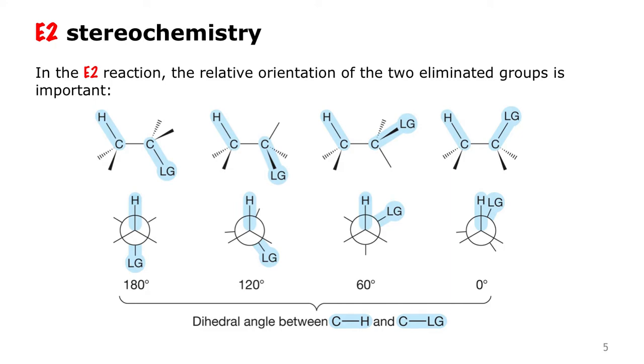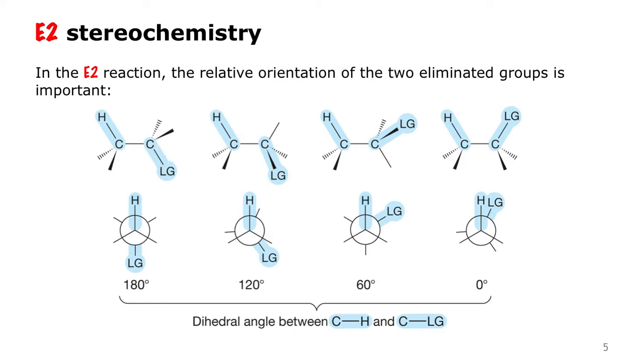And here we find the different conformations between the two groups. What's important is that there needs to be alignment, that the bond between the carbon and hydrogen needs to be aligned with the bond between the carbon and the leaving group.